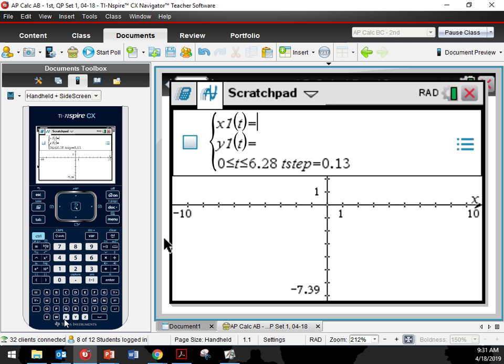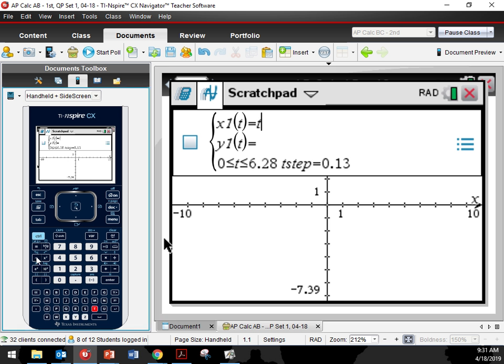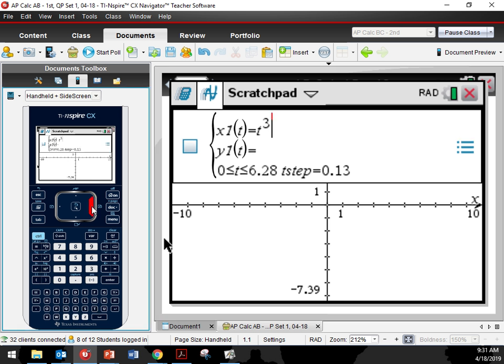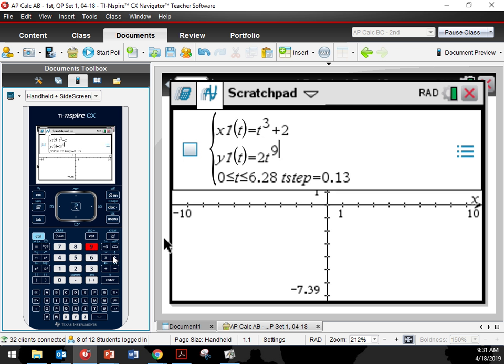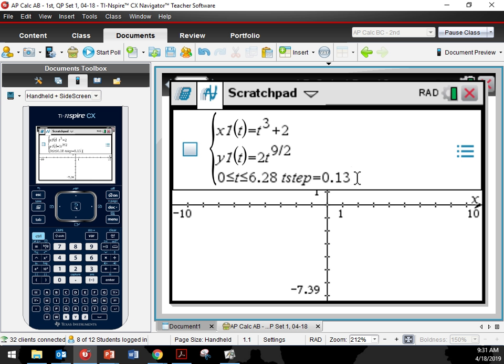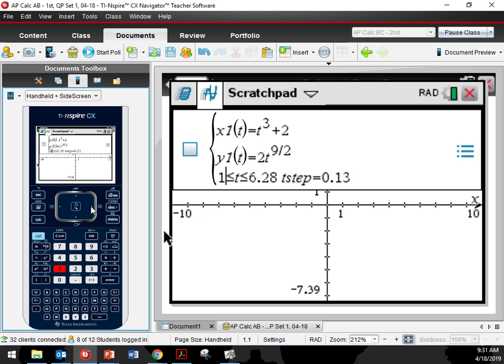So what did I start off with? t cubed, right? x equals t cubed plus 2, y equals 2t to the 9 over 2, and it was from 1 to, you said 3?